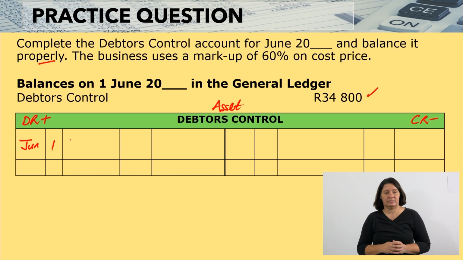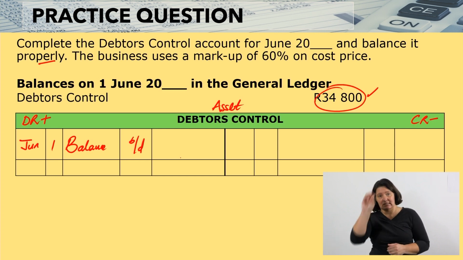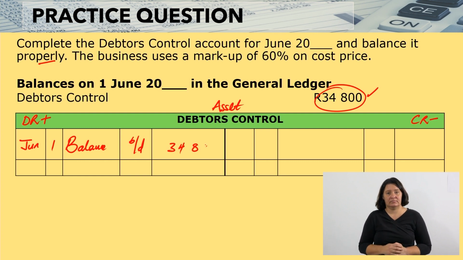I will bring my balance. Here is my balance brought down. This is the balance that I'm going to bring, 34,800.